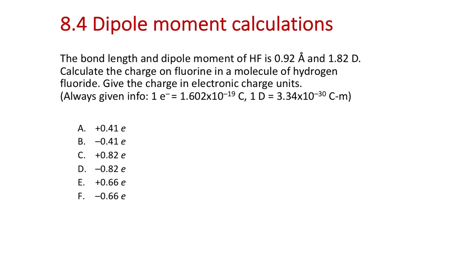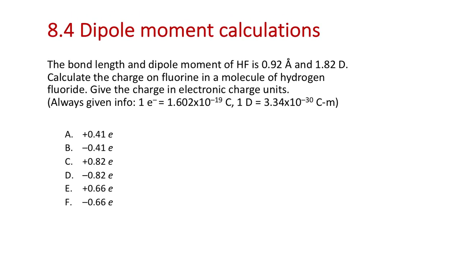And so if we take the bond length and dipole moment of HF, so 0.92 angstrom, 1.82 debye, we have a couple conversions we need to make here, and that is that this is the dipole moment mu. So mu is the dipole moment, the Greek letter mu, and then the debye is what this is.